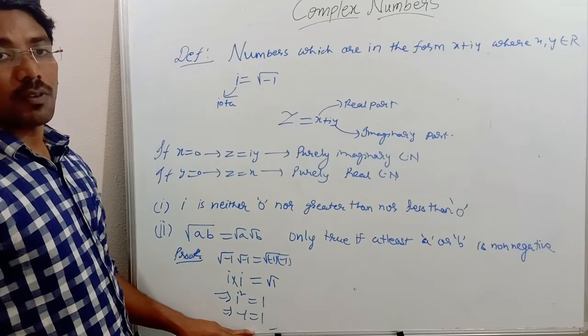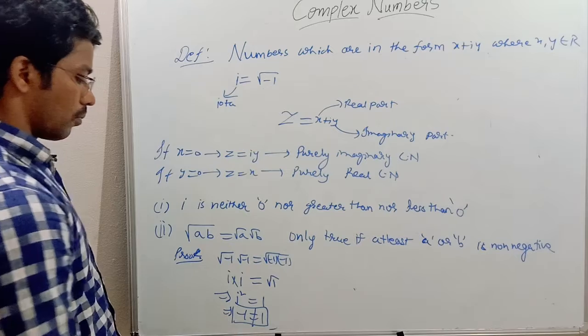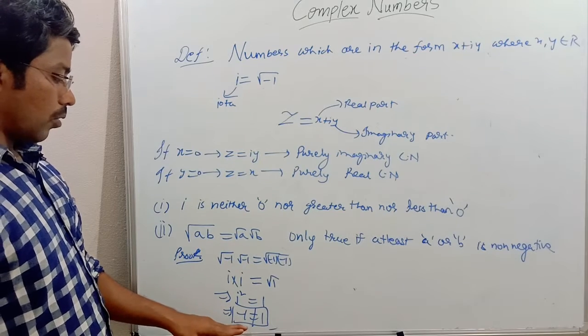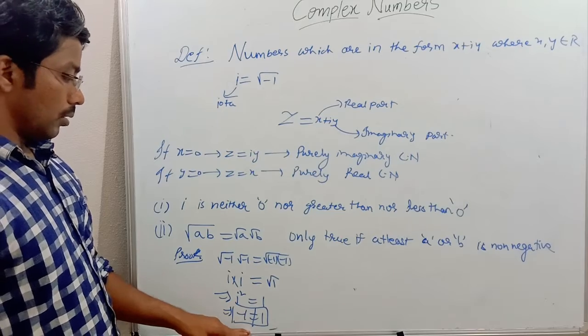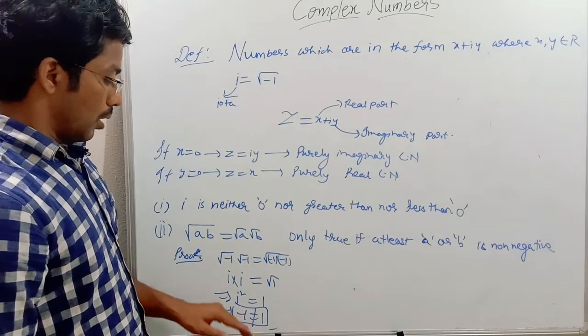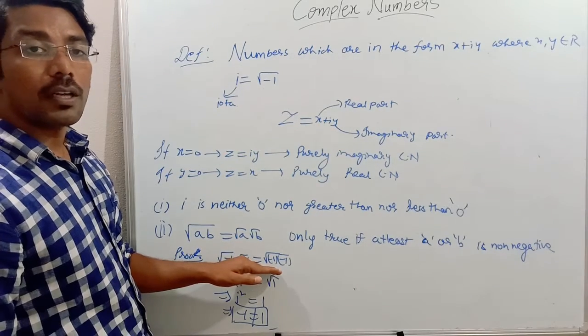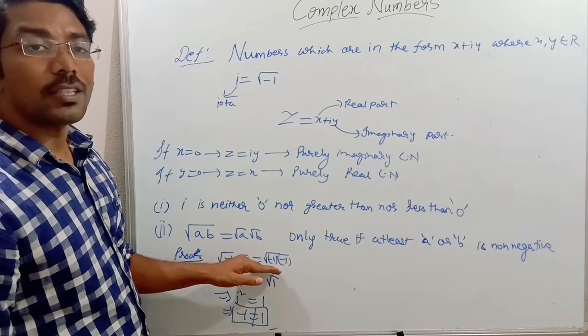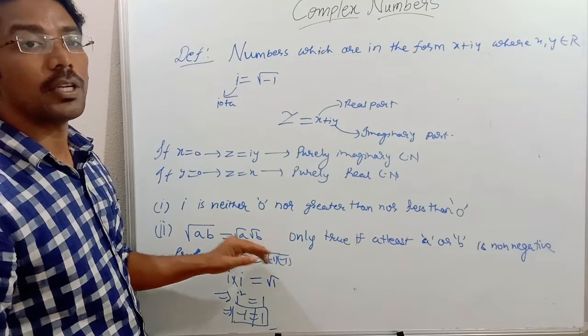So -1 will never be equal to positive 1. So according to this it is a contradictory condition. So this formula is applicable only when at least one of them is positive. So when both of them are negative, it is not applicable.